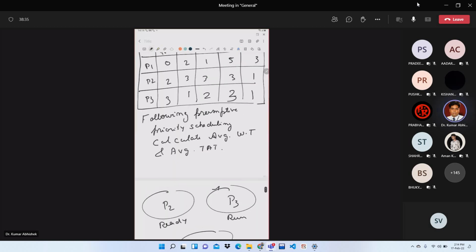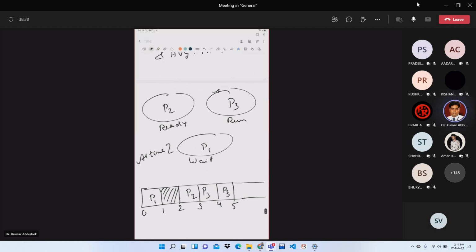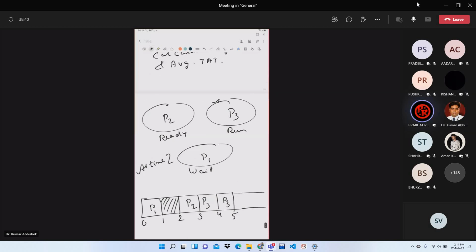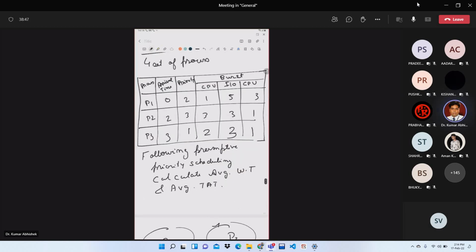What happens at time 5? P3's first IO time is 2. So P3 is now at time 5. What happens at time 5?